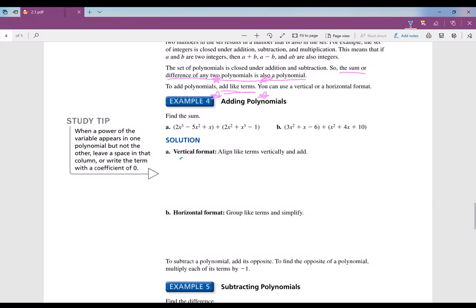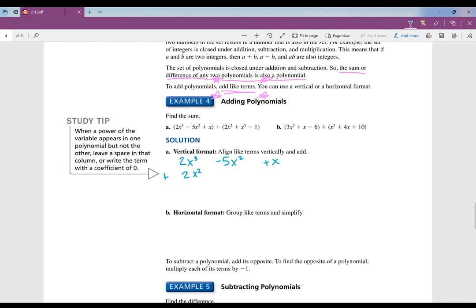For part A, we have 2x cubed minus 5x squared plus x, plus 2x squared. This is where you need to be careful, because if we wrote our 2x squared here, it would not line up as like terms with x cubed.